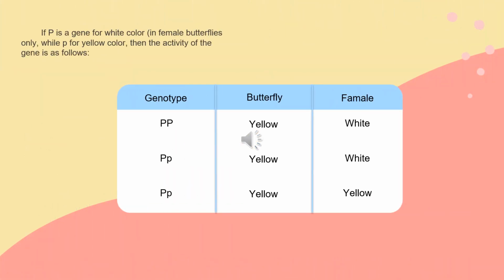If P capital is the gene for white color, in female butterflies only, while p lowercase is for yellow color, then the activity of the gene is as follows. Genotype PP: male yellow, female white. Pp: male yellow, female white. pp: male yellow, female yellow.